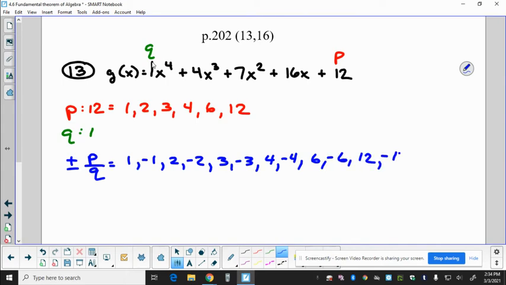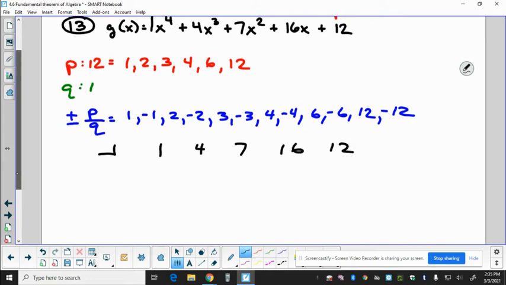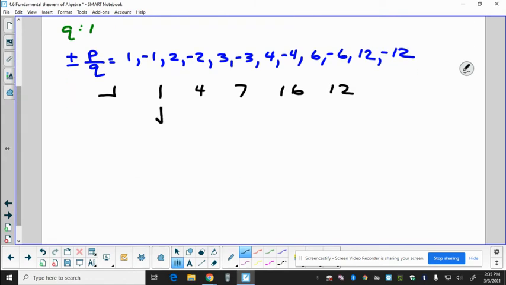Okay, remember now our answers, at least one's going to come from that list. So I'm going to go ahead and do a little synthetic division. I'm going to drop down my coefficients, and it looks like they're all there. Nothing's missing. And let's see what number from that list will work to give us a remainder of 0.